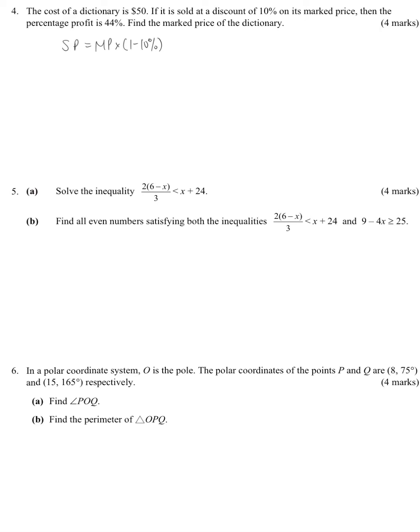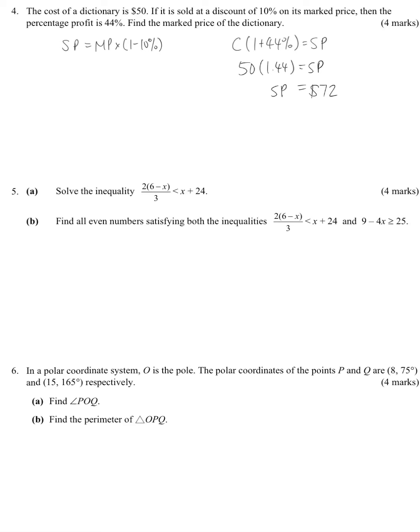So actually, if he's going to make a 44% profit, then we can make another equation that on the cost he is going to make a profit of 44%. And now we need to find the mark price. And since we are given the cost of the dictionary, which is 50, we can just basically get the calculation done on the second equation for SP equal to 50 times 1.44, which is 72.